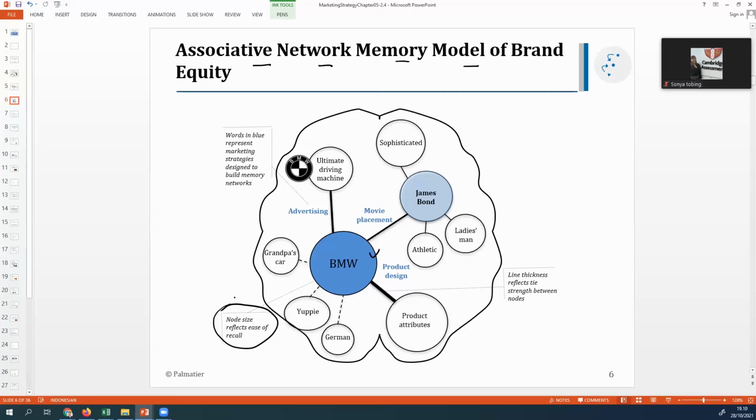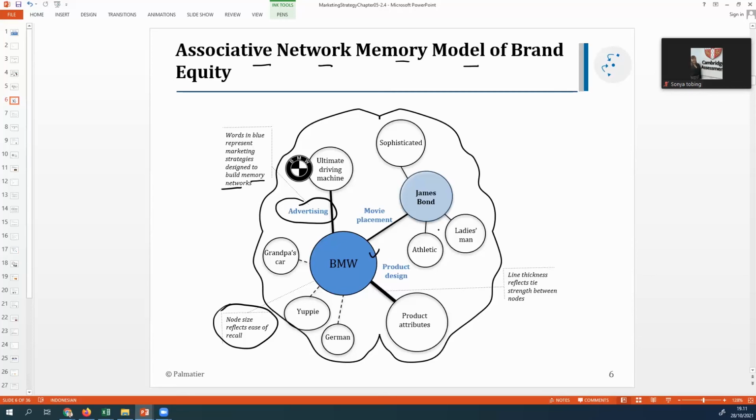And the words in blue represent marketing strategies designed to build memory networks. Advertising: the firms develop advertising strategy to build the memory networks in the customer.